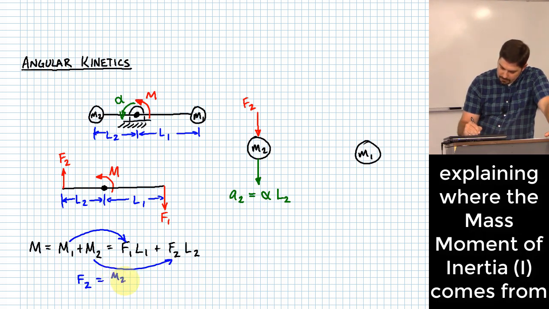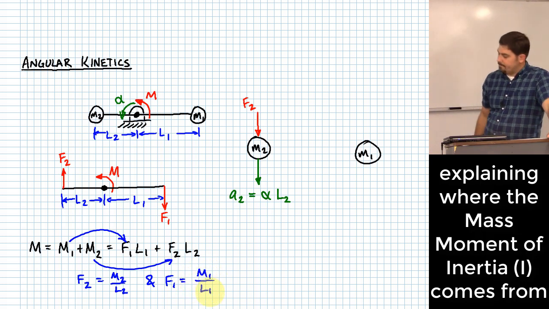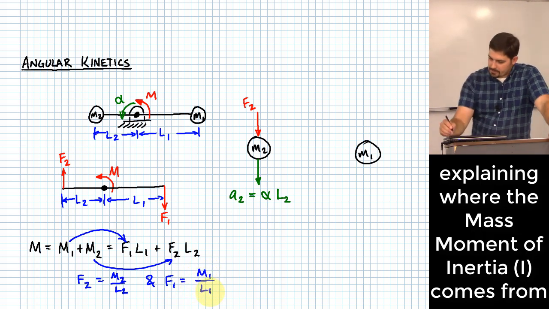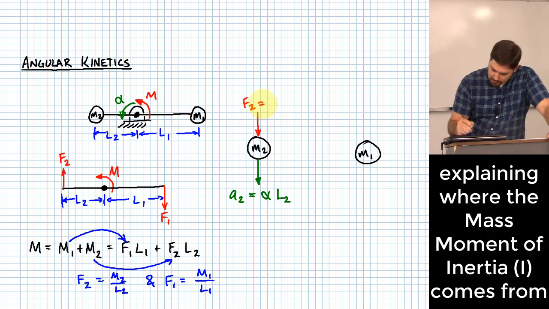M2 over L2. And, may as well do the other one as well, F1 is equal to M1 over L1. Okay, so I'm going to put that up here, that this is just equal to M2 over L2.